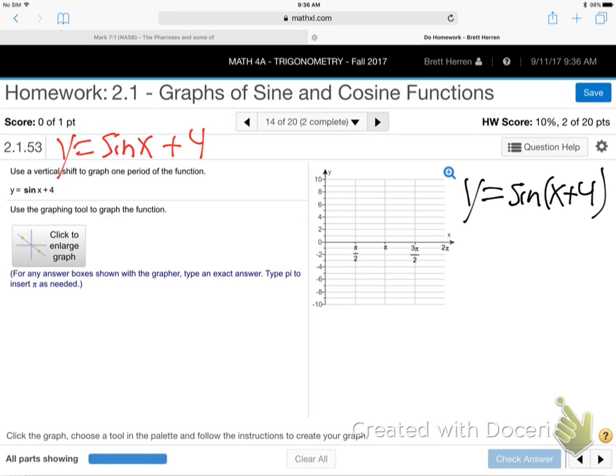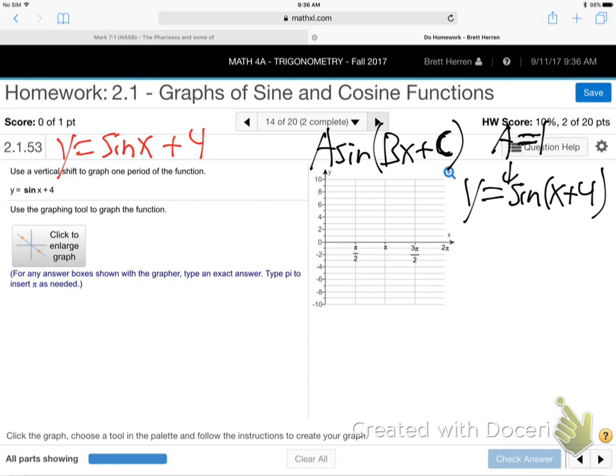The way I normally write the formula is a sine and then parentheses bx plus c. So in other words, A is 1, no surprise.